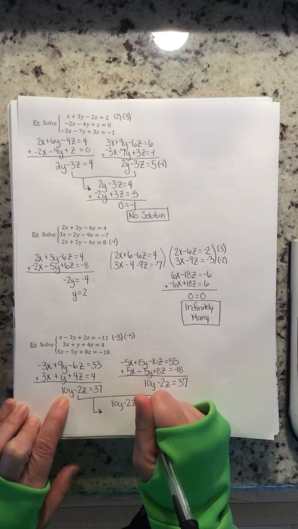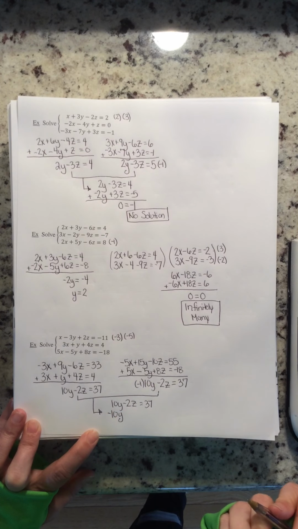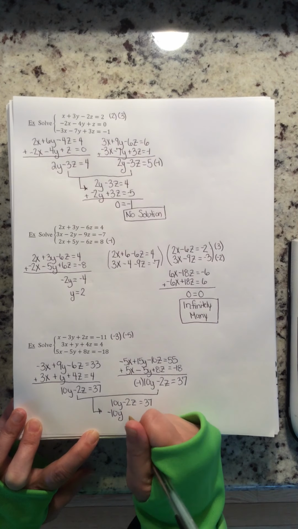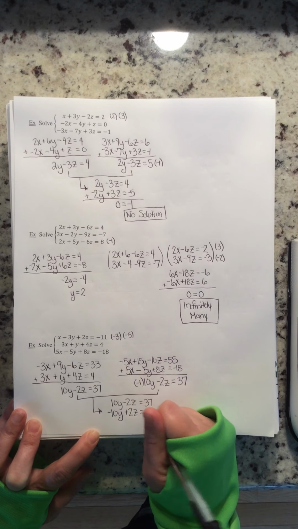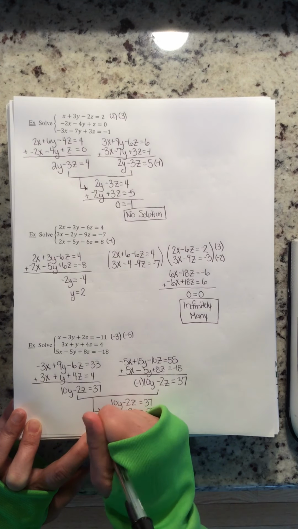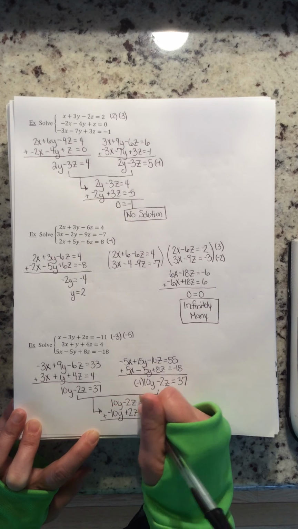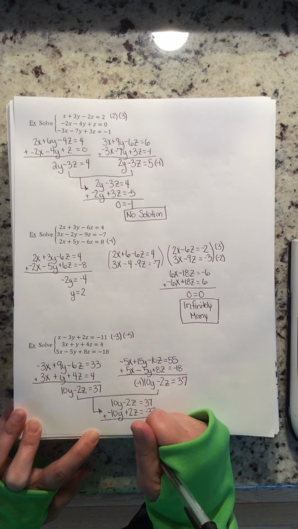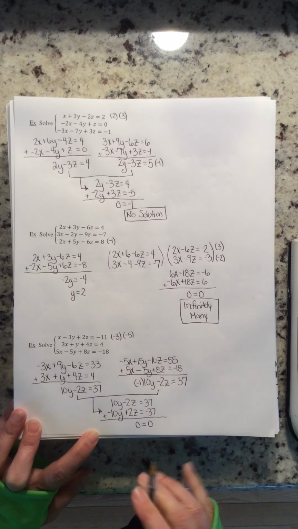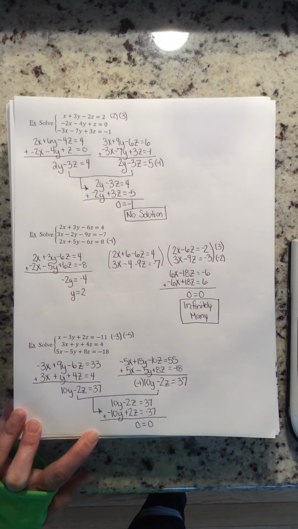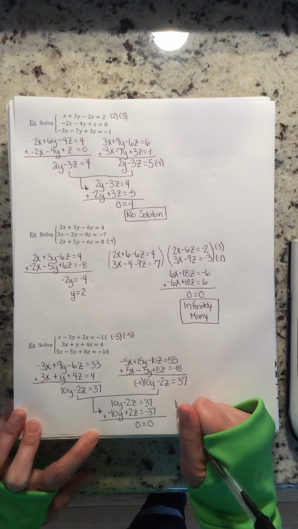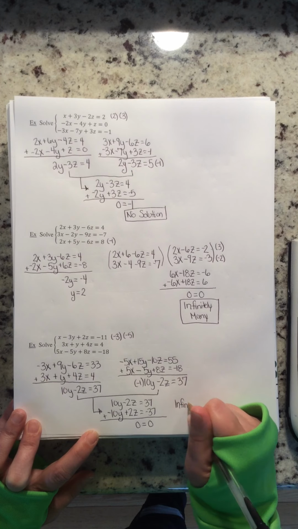I would multiply the other by a negative 1 to get negative 10y plus 2z is equal to negative 37. Adding those together, y eliminates and z eliminates to give 0. On the other side, we also have 0. And again, because we're obtaining that true statement here, when all the variables disappear, the answer would be infinitely many.